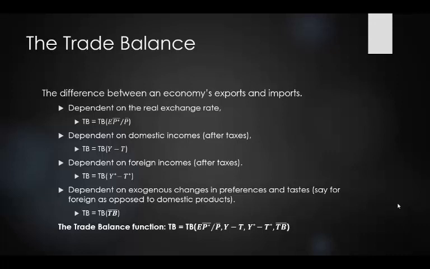So in notational form, the trade balance TB is a function of EP star bar divided by P bar, which is the real exchange rate, where E is the nominal exchange rate, YD, or Y minus T, and YD star, that is Y star minus T star, where the asterisk represents the foreign country's variables, and TB bar, an exogenous component that could include changes in preferences across globally produced products.